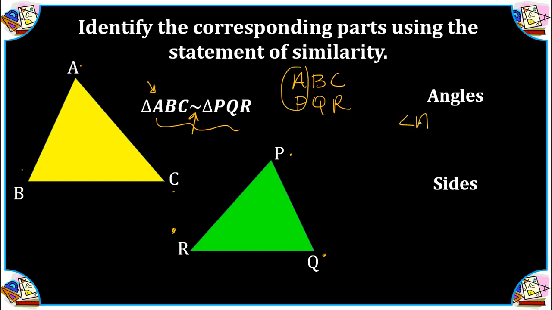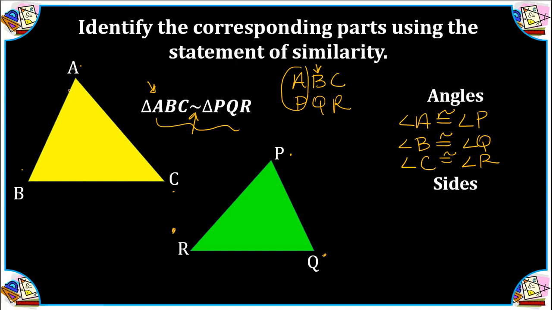angle A is congruent to angle P, because remember, similar shapes have congruent corresponding angles. Then I can see that angle B is congruent to angle Q. And then lastly, we have angle C is congruent to angle R. So let's note these.